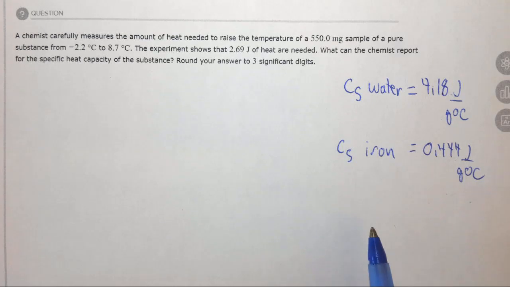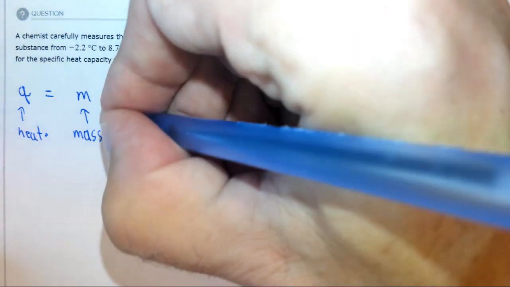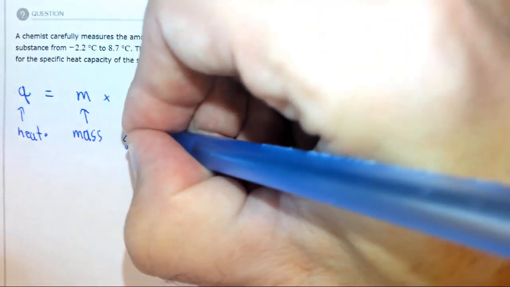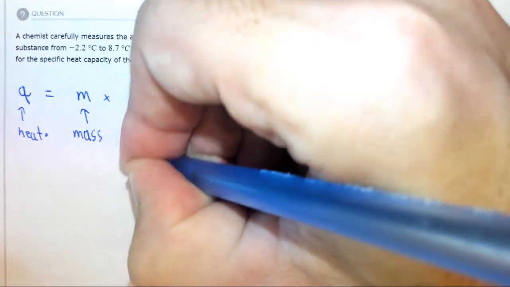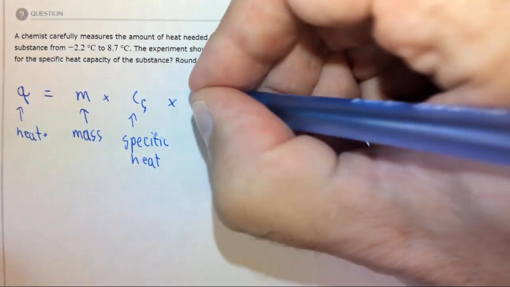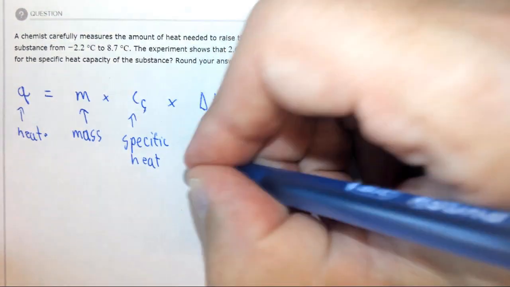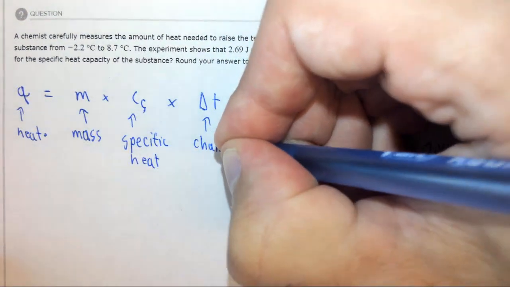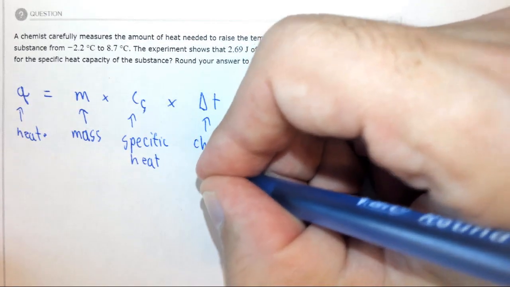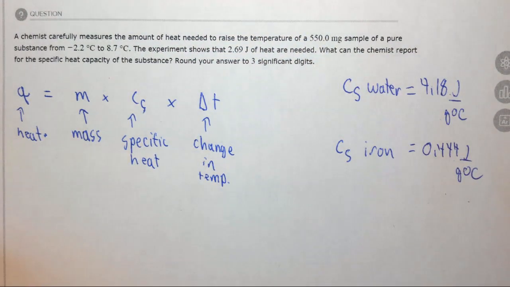Now, the mathematical equation that contains specific heat capacity is Q, which is heat, equals M, which is mass, times specific heat capacity, C sub S. I'm just going to write it as specific heat, times delta T, which is your change in temperature.